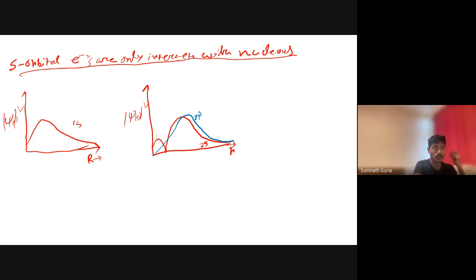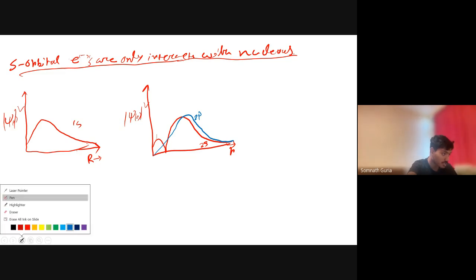Although the probability of the electron density is measured over here, there is something non-zero electron density at the nucleus. So they have an effect at the nucleus if the electron distribution is different for a particular complex. So for iron, that's why we are getting different Mossbauer spectra for each particular complex of iron.